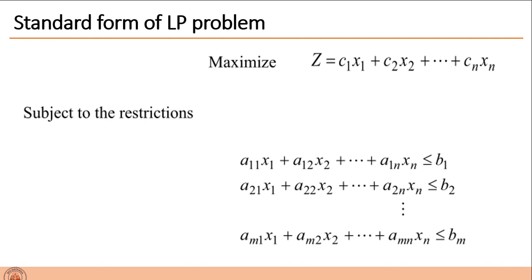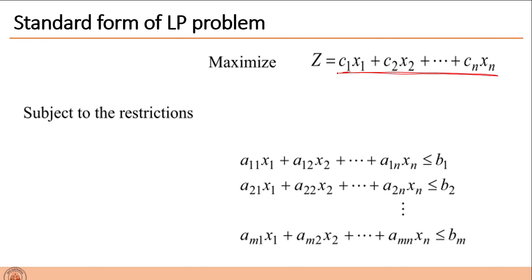This is what a standard LP problem looks like. Just like the properties we identified earlier, you have a maximization function, then subject to some restrictions. The restrictions here are what we call the constraints. The function being maximized here is C1 x1 plus C2 x2 up to Cn xn.